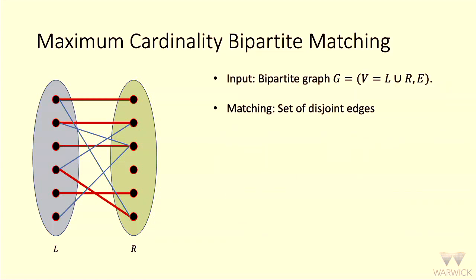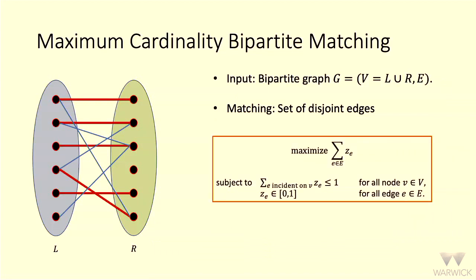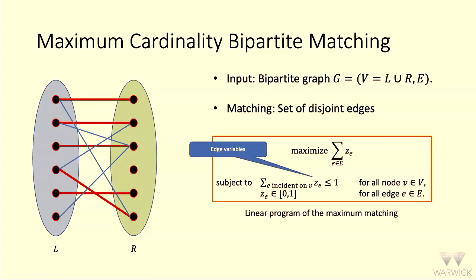Okay, so how do we go about it? We look at the linear program for matching. It has edge variables, and there is one constraint for every vertex.